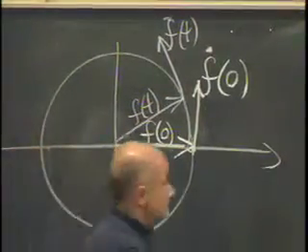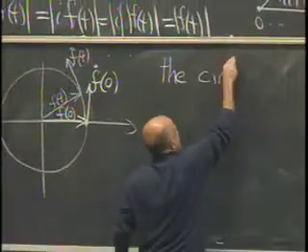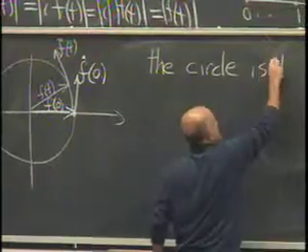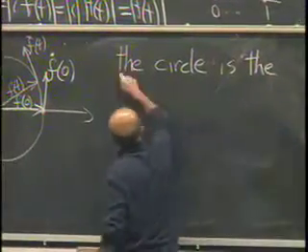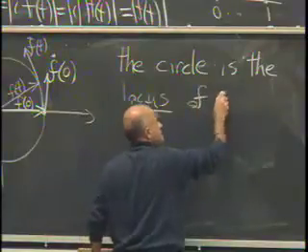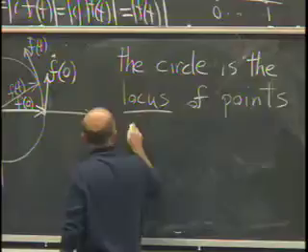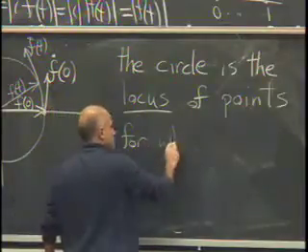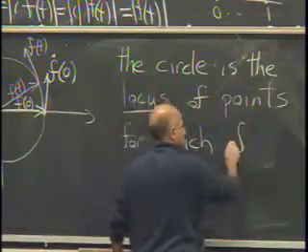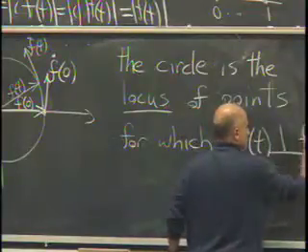So the circle is the locus of points for which f dot of t is orthogonal to f of t.